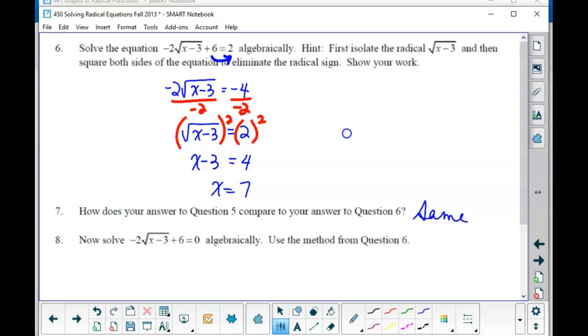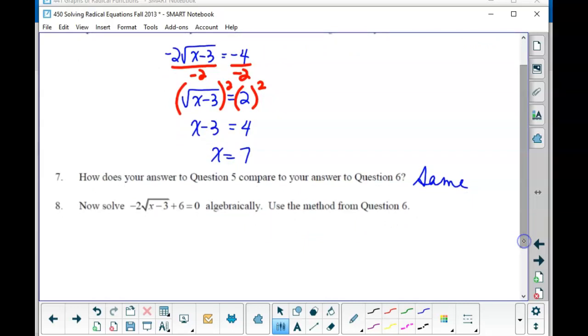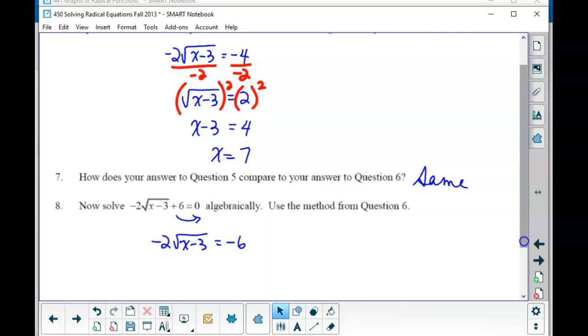Okay, now the next one, solve: same left side of the equation, but now equal to 0. So we're going to bring the 6 to the right, or you could bring the radical to the right, then divide by 2 or -2, depending on what you did.